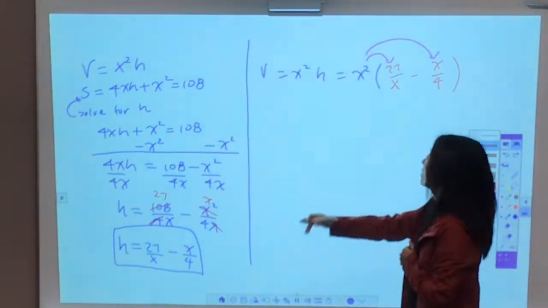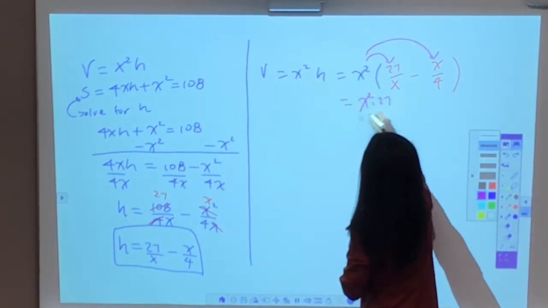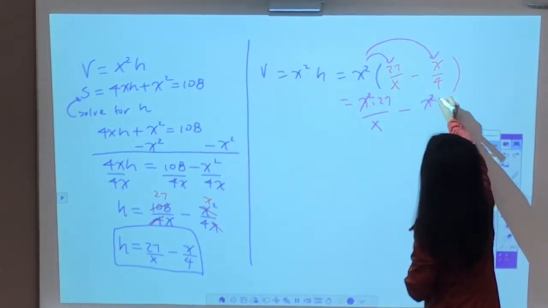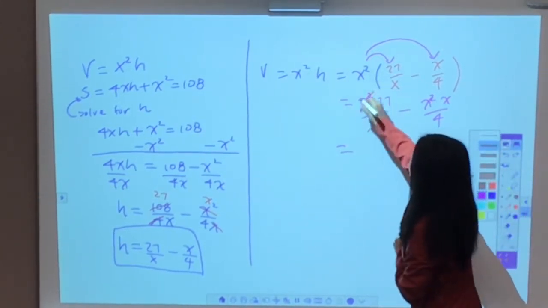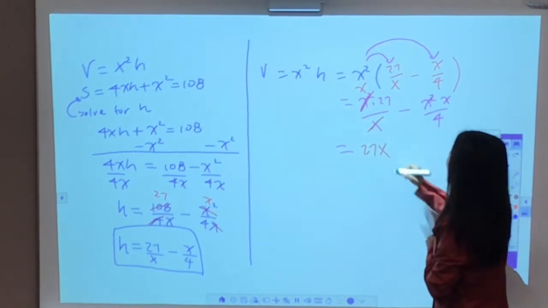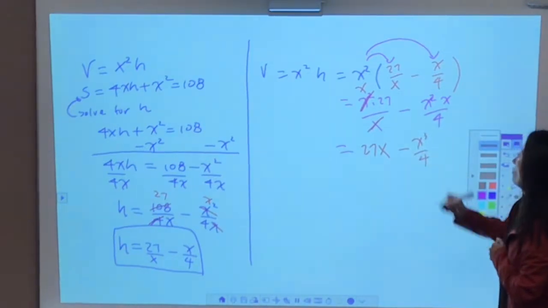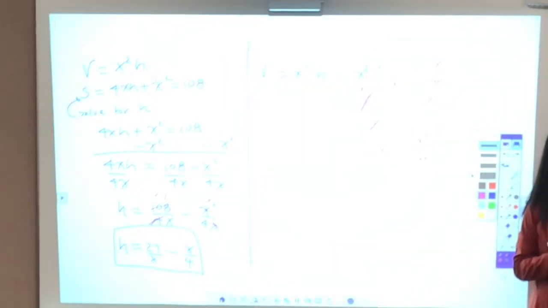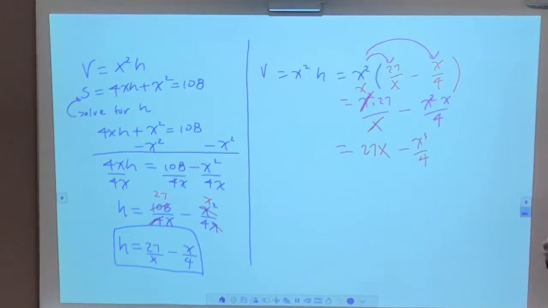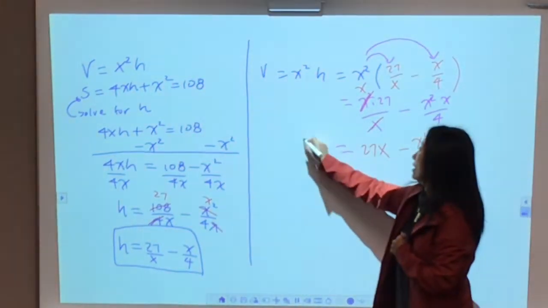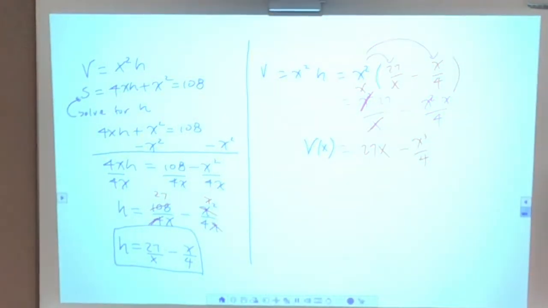So you have x squared times 27 over x minus x squared times x over 4. And you can cancel this one out, it becomes x, so I have 27x. And you combine those two, you get x to the third over 4. Is everybody with me now? So that is my V. Now this is one variable. V is a function of x.